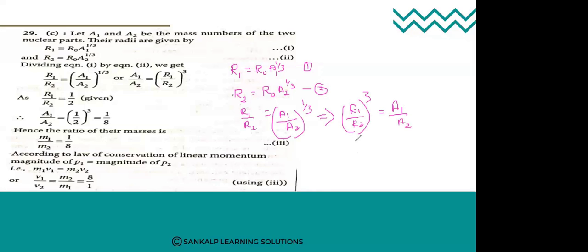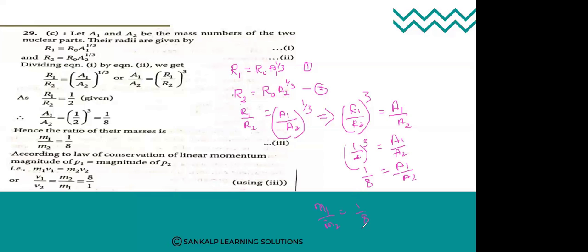In the question, R1 by R2 is given as 1 by 2. So 1 by 2 cubed is 1 by 8, which is equal to A1 upon A2. Hence the ratio of their masses is 1 is to 8. Therefore m1 by m2 is equal to 1 upon 8.